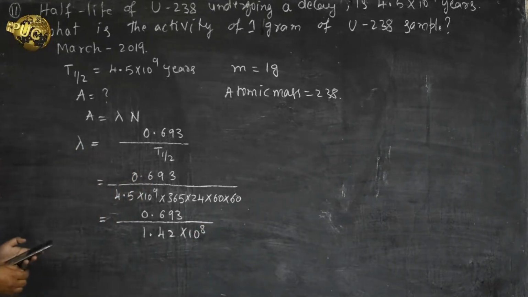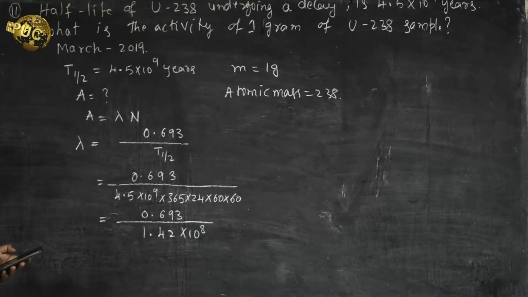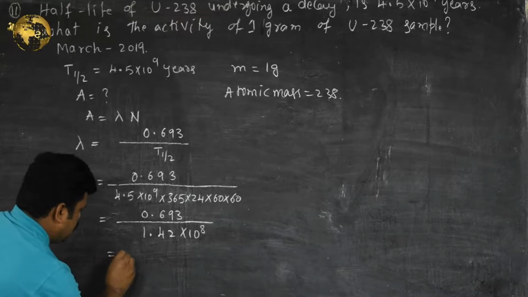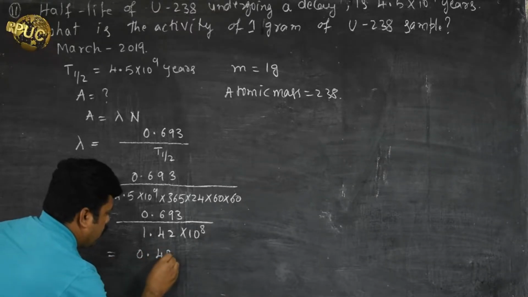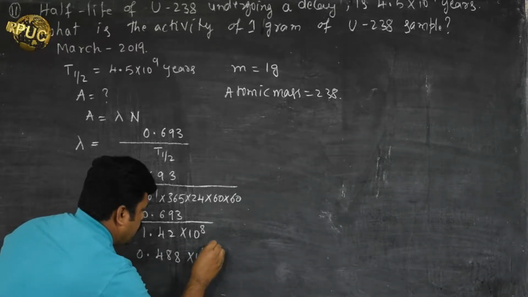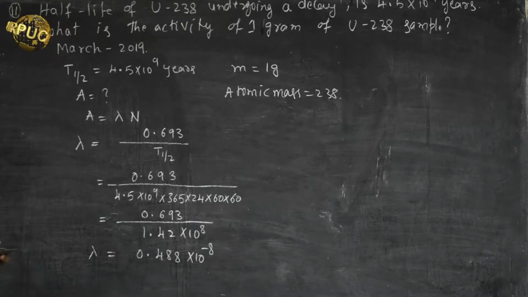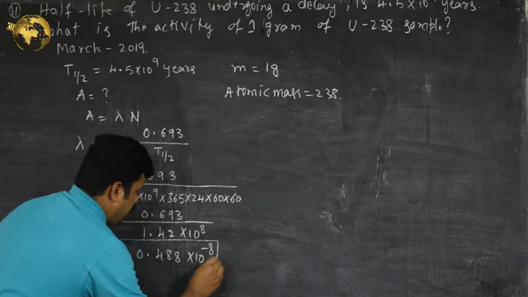On solving this, 0.693 divided by 1.42, we get 0.488 into 10 to the power minus 8. So this is lambda. So we got the value of lambda.